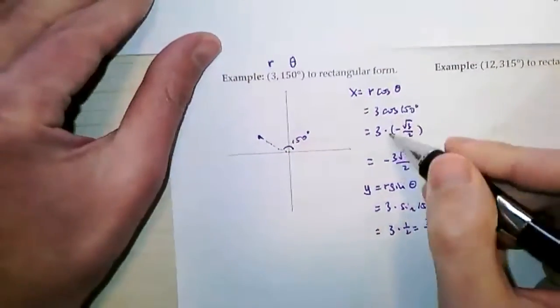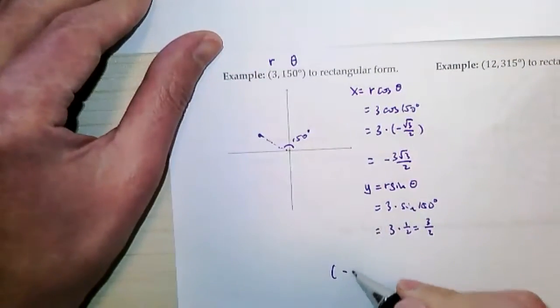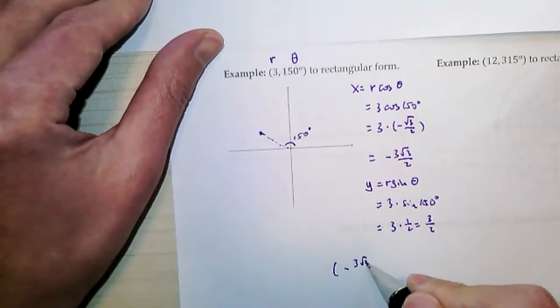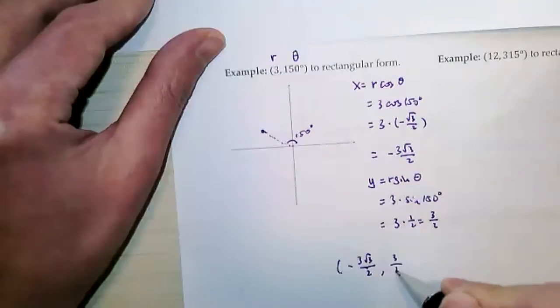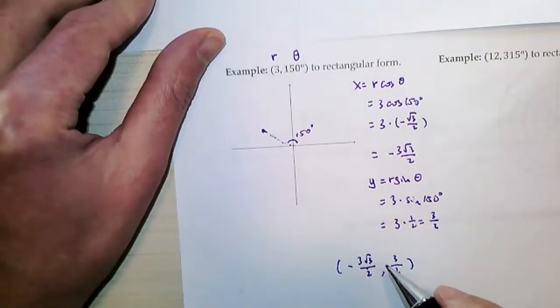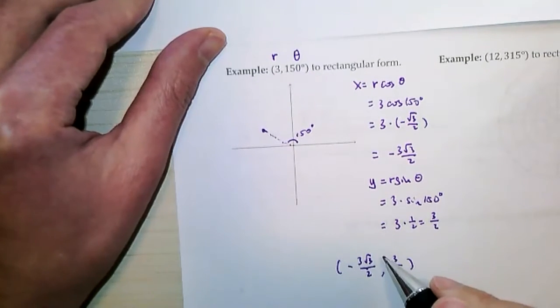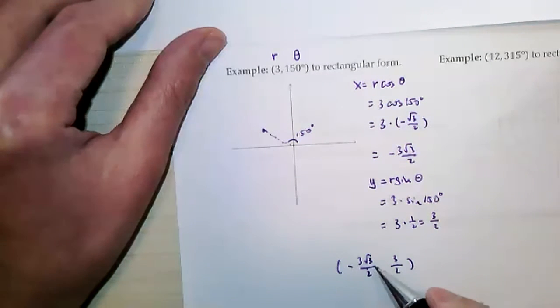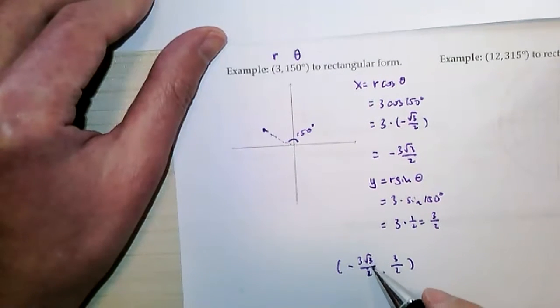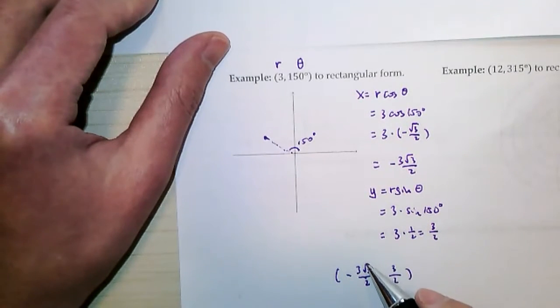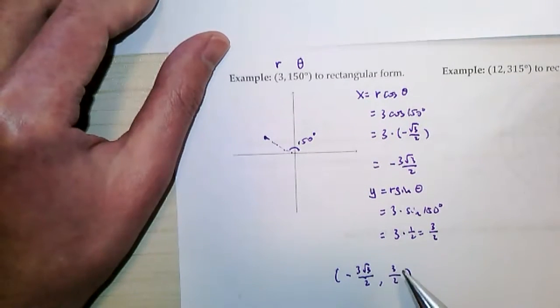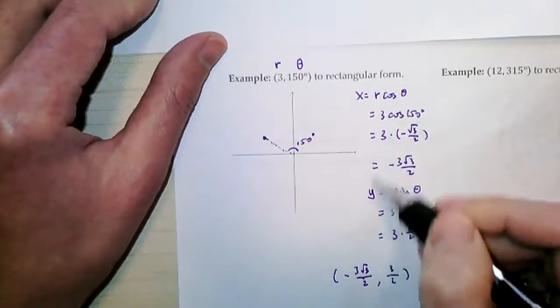In this way, you successfully convert the point into rectangular coordinates here. Okay, that's it. Anyone has any question on this one?